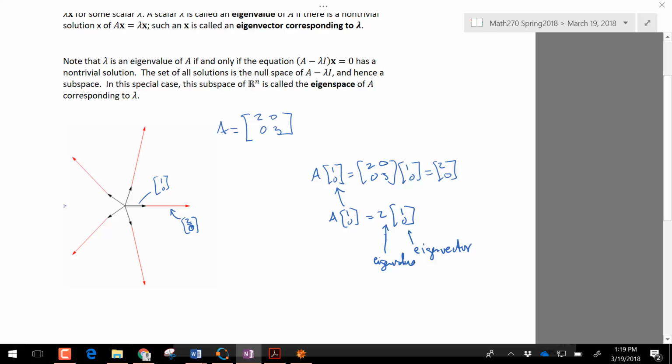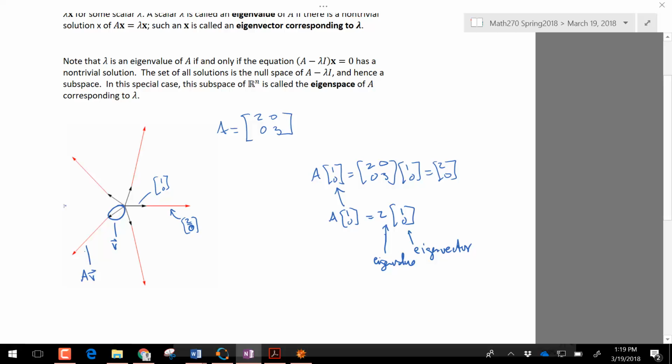Now, if I just take another random one, then it's probably not an eigenvector. So let's take this vector over here. I'm just going to call that vector v, and this vector over here is the vector A applied to v.